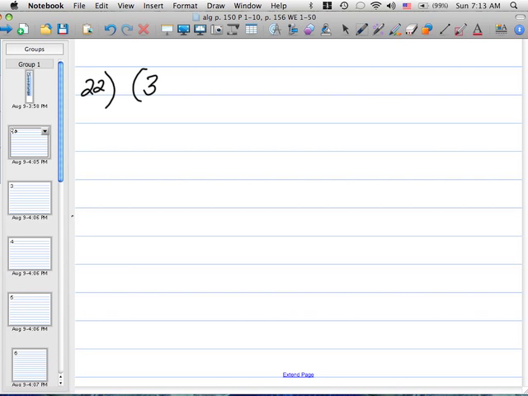We have 3c to the 2nd power, the product, times 3c to the 3rd power. Everything inside is taken to the 2nd power, so 3 squared times c squared. Same here, 3 cubed times c cubed.